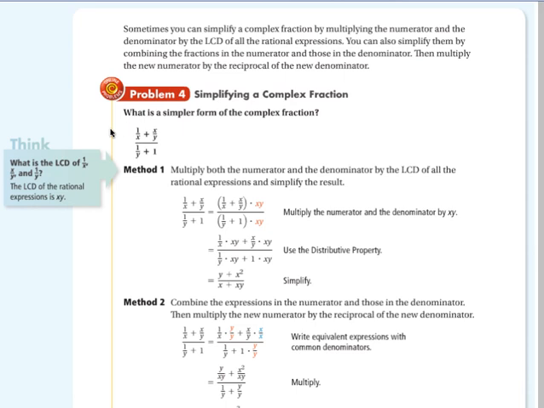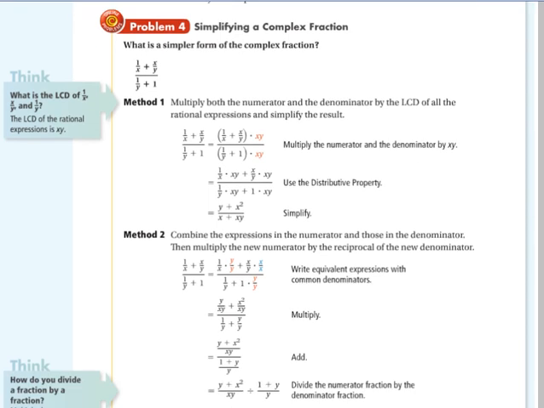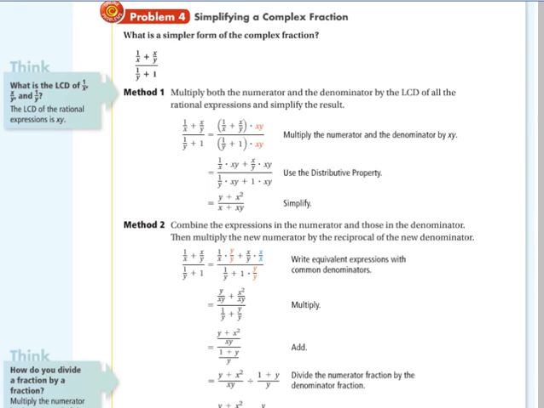So sometimes we're able to simplify a complex fraction simply by multiplying the numerator and the denominator by the least common denominator of all the rational expressions. Then we can simplify the fractions one at a time, and then multiply the numerator by the reciprocal of the denominator. So what does that mean? All right, here's what it means. If we have 1 over x plus x over y over 1 over y plus 1, the least common denominator of all of this is xy.